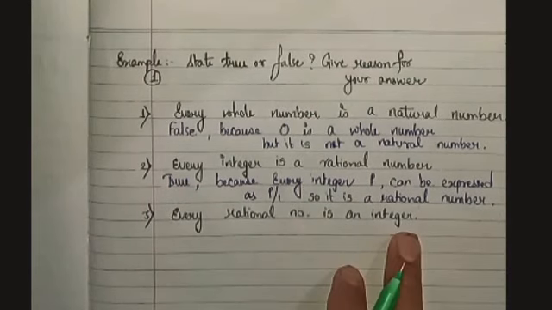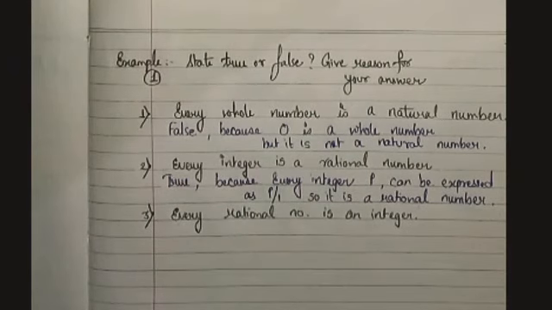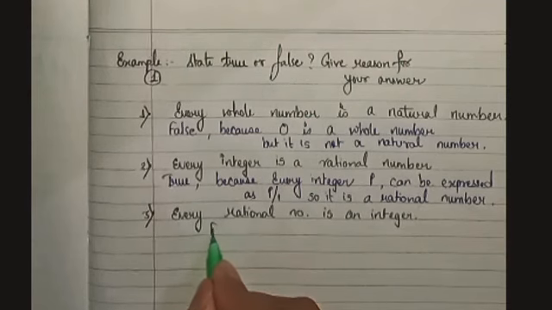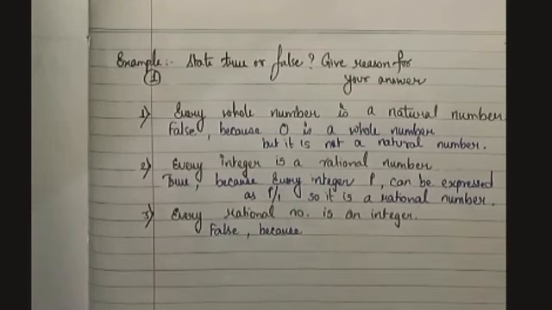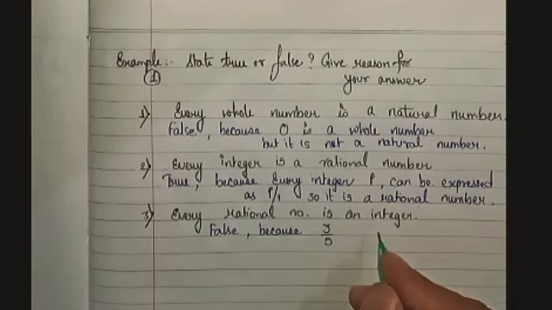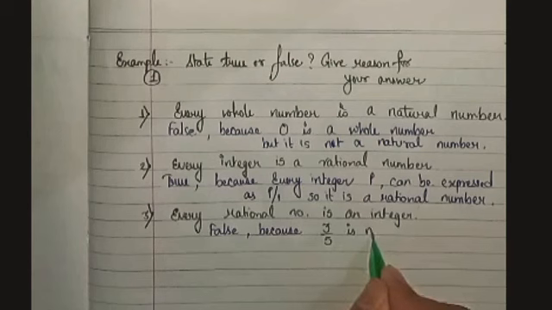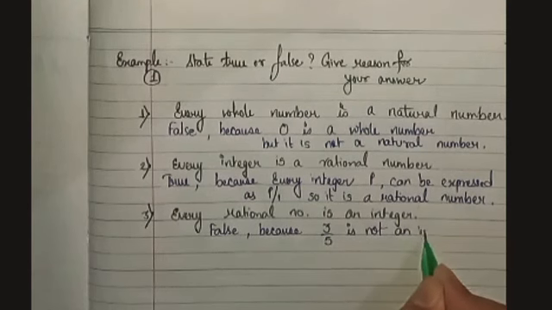Now, every rational number is an integer. So coming to this question, it is false because, as I told, rational numbers also contain fractions. Because 3 by 5 is a fraction and it is not an integer. So 3 by 5 is not an integer. This solution is given in the NCERT textbook.